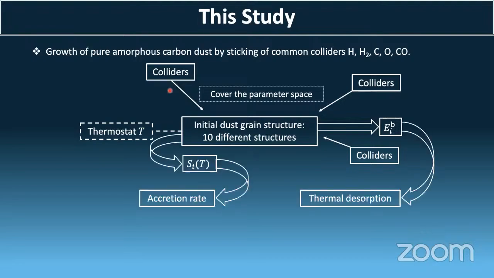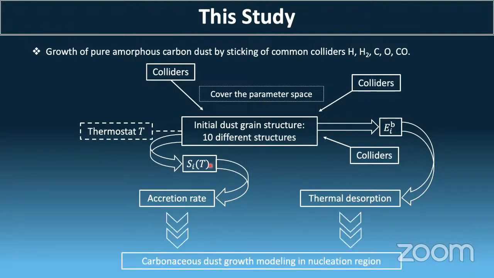Once this is done, from the binding energy we can compute the thermal desorption. And from the initial structure that is hit by those colliders, we can obtain the sticking coefficient by looking at how many actually stuck compared to how many bounced back. This gives us an accretion rate.